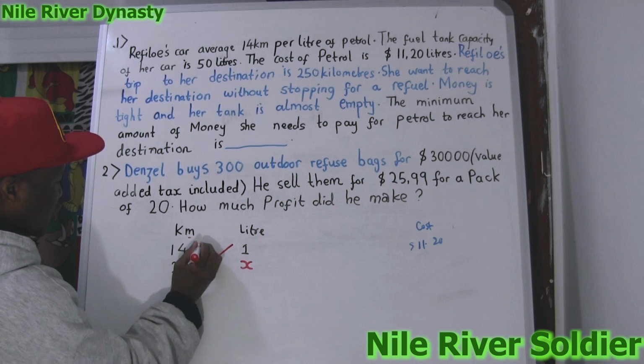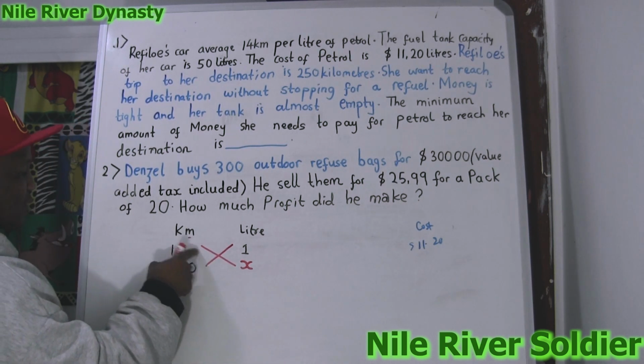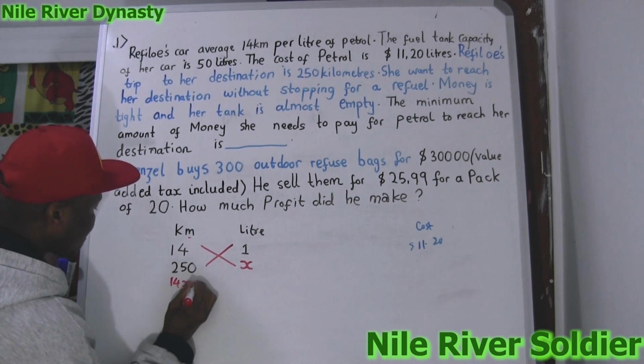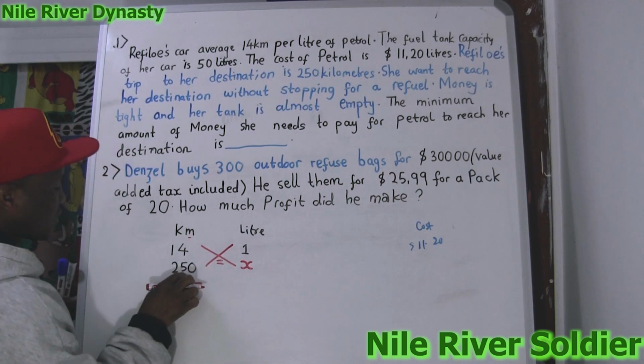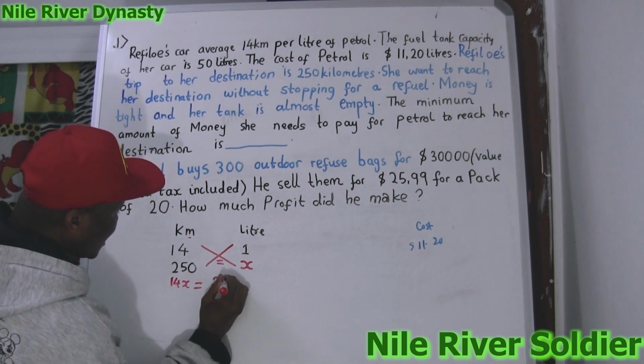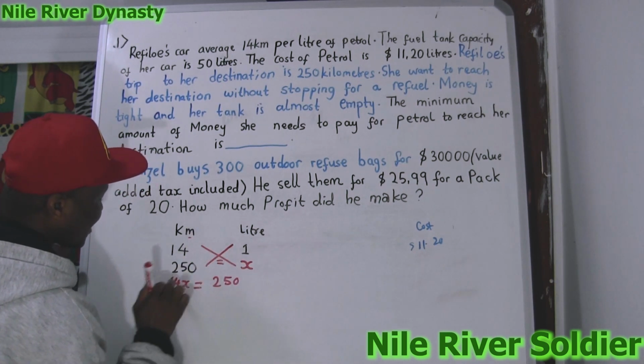So now let's get the total number of liters. I'm going to say 14 times x is 14x, put an equal sign, 250 times 1 is 250. It's like this times this, this times this. So this is 14x.